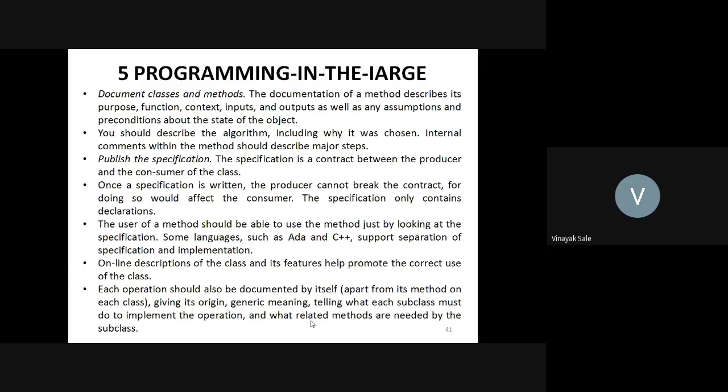Each operation should also be documented by itself, apart from its method on each class, giving its origin, geometric meaning, telling what each subclass must do to implement the operation and what related methods are needed by the subclass.